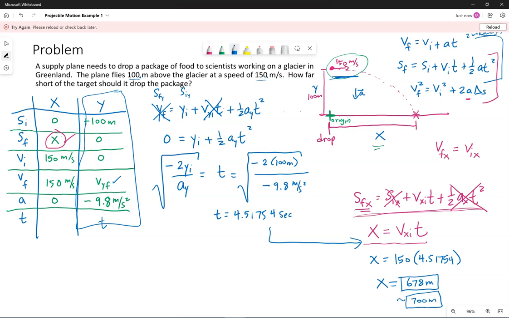The big difference here is needing to look at both x and y, writing out the information for x and y separately, and then using the kinematic equations using just the x information or just the y information.